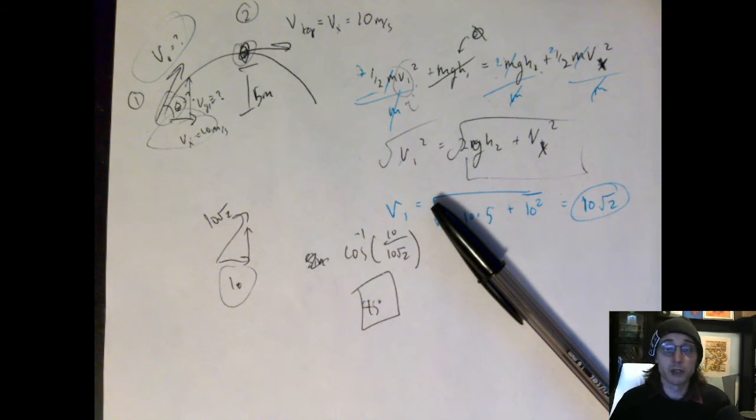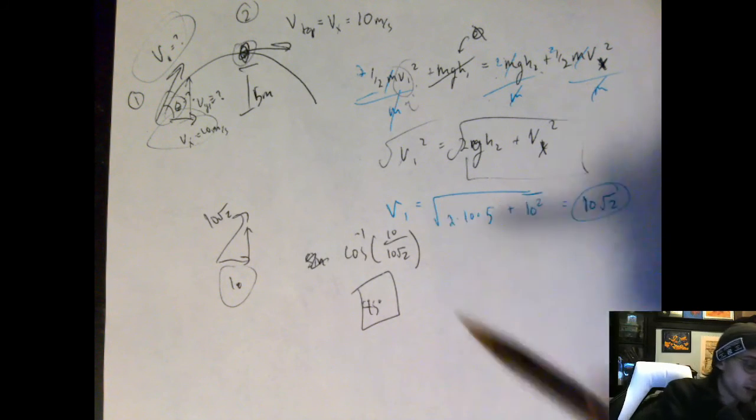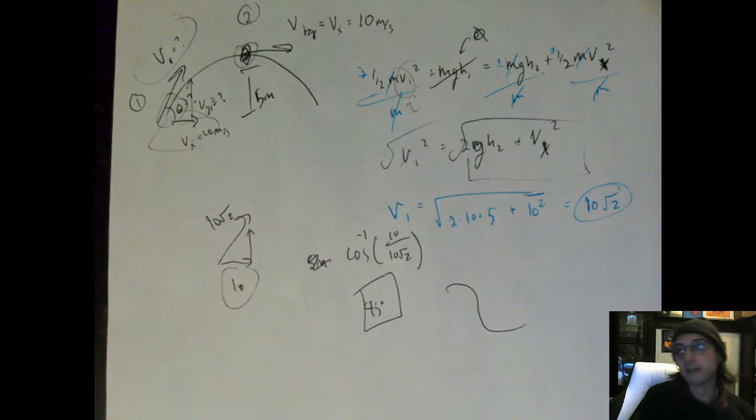You could have solved this one without using energy at all, but it's much quicker to use energy, so this is another tool that we can use for different situations. For some cases, like if something's sliding down a hill, you kind of have to use energy. You can't really conceptually use kinematics if the hill is, for example, looking like that.